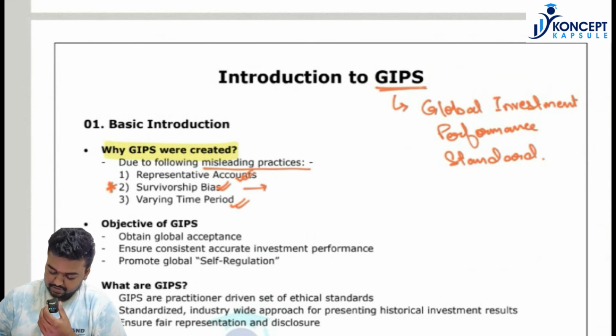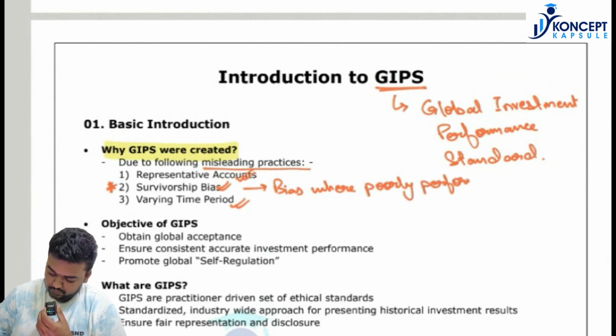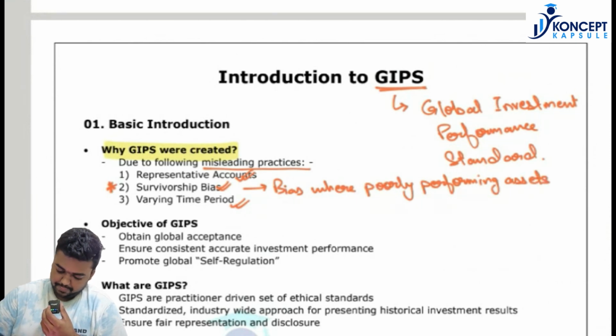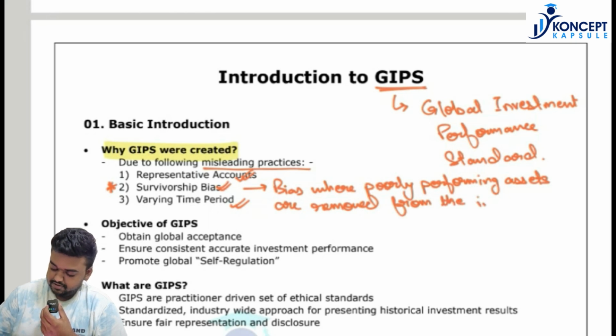Survivorship bias is a bias where poorly performing assets are removed from the investment return calculation.